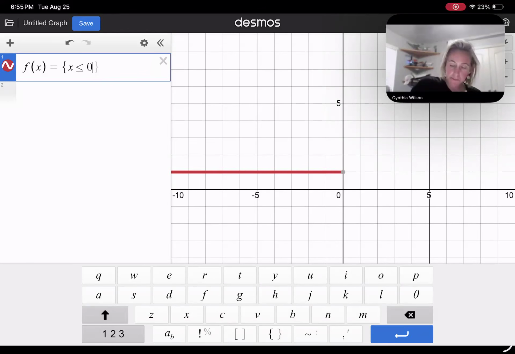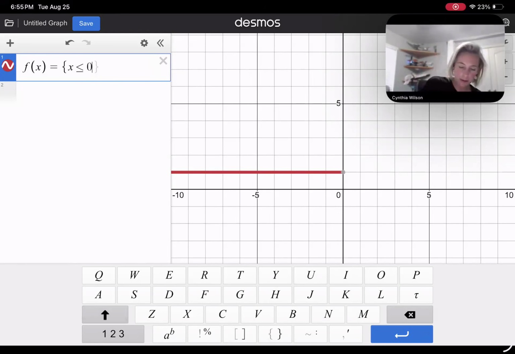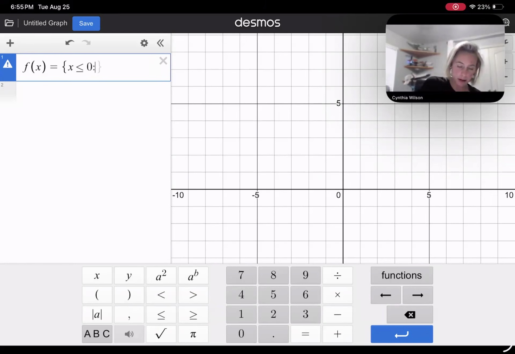All right. So in that bottom row, my colon is grayed out. So I have to hit the up arrow and it gets me my colon. If you're using a keyboard, just type in a colon. All right. And we're typing in x plus 4, comma.